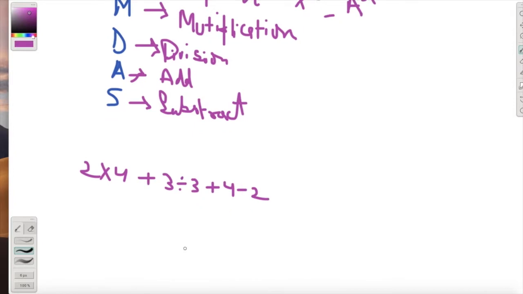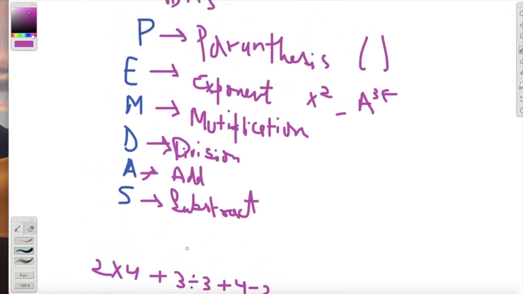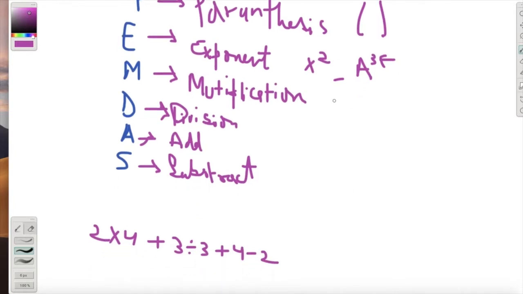So how are we going to solve this? As I said, we have to first look for parentheses. There's no parentheses here, so what we look for next is exponent. There's no exponent here. So our next is multiplication or division, whatever comes first.